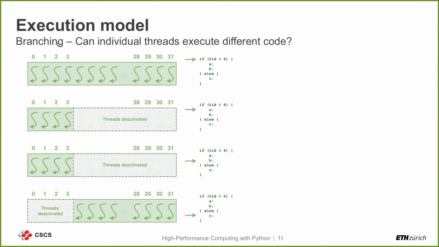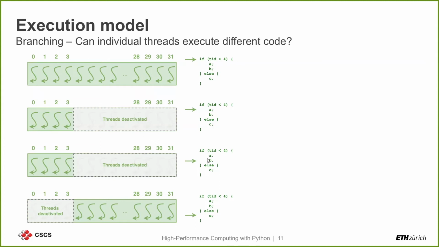As I said before, the threads of a warp execute a single instruction, all of them together. So if there is some branch, where some threads of the warp need to execute a different command, then all the threads try to execute this command, while the threads that should not execute it are deactivated.